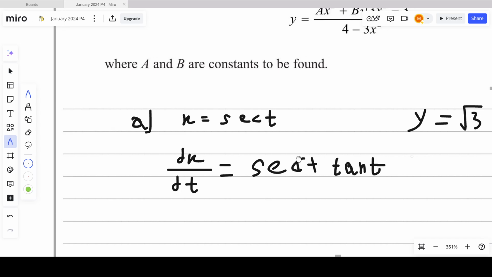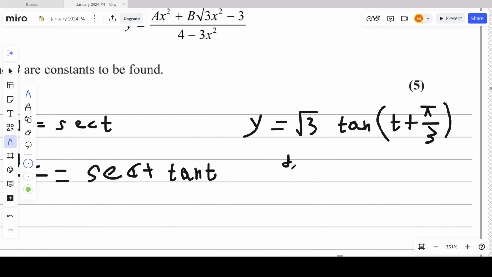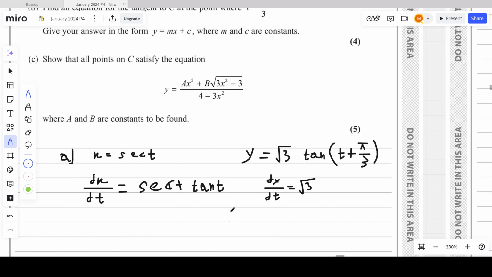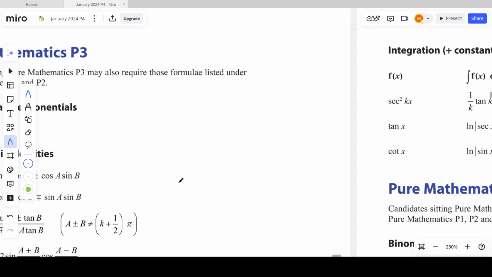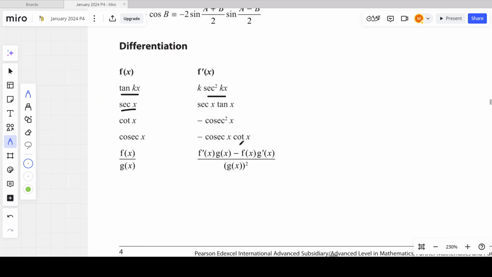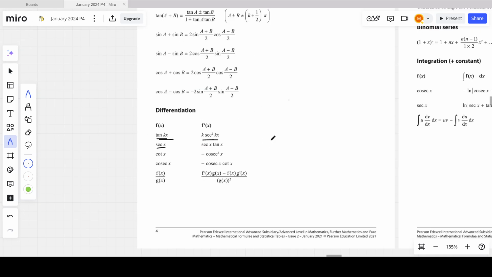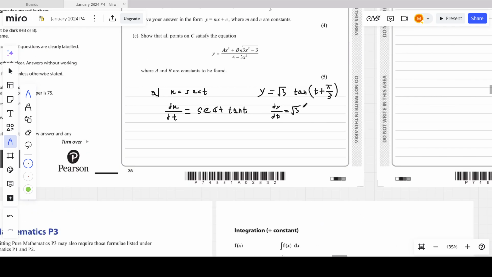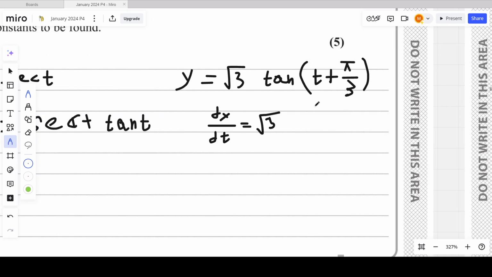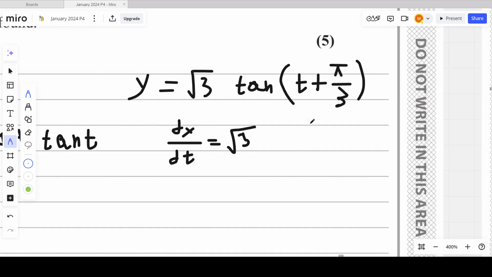And now the derivative of y, dy over dt. It would be square root of 3, and then the derivative of tan x is sec squared x, which is also given in the formula booklet. But it's not only tan x, it is a composite trigonometric term, so you need to use the chain rule.